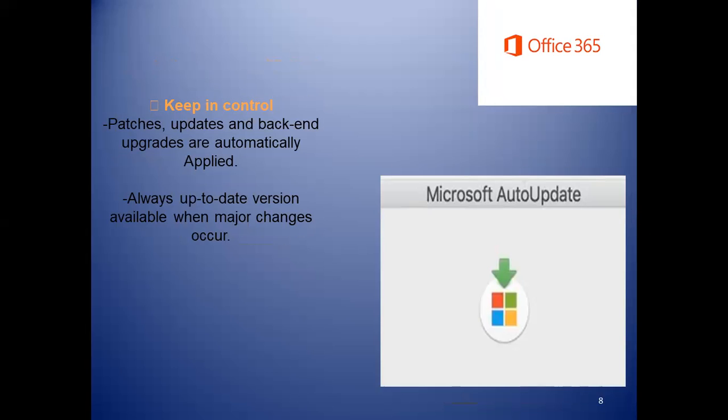Patches, updates, and backend upgrades are automatically applied when it comes to Office 365. If you are procuring standalone Office, then you need to do updates regularly on a manual basis. Always up-to-date version available when major changes occur. Get auto update.